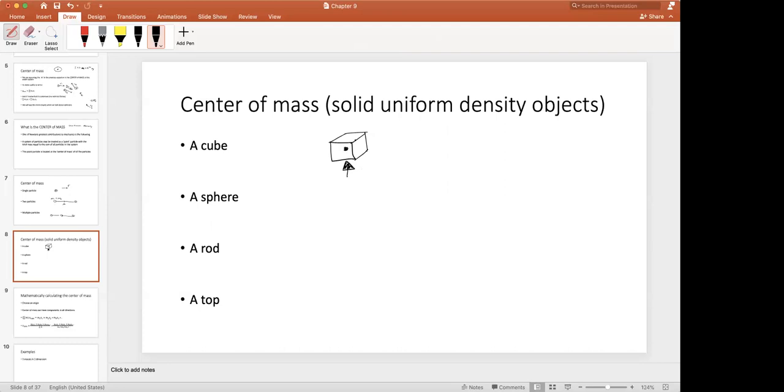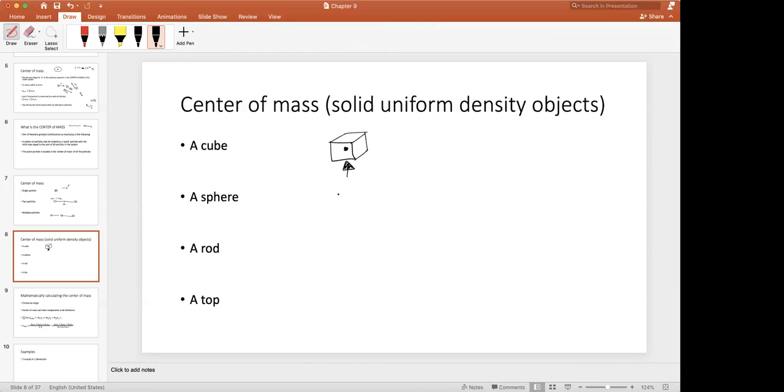It's at the center. And you can treat a cube or a block as if it's a point particle really easily. That's why we use them in the free body diagram stuff. We imagine everything as a block because humans understand that a block is essentially an object that will travel on a flat surface and its center of mass is at the center.